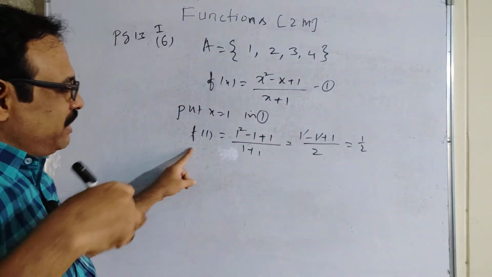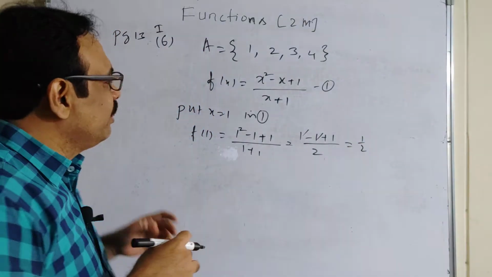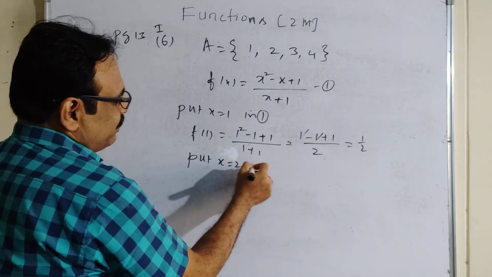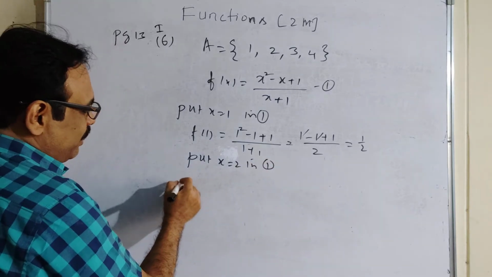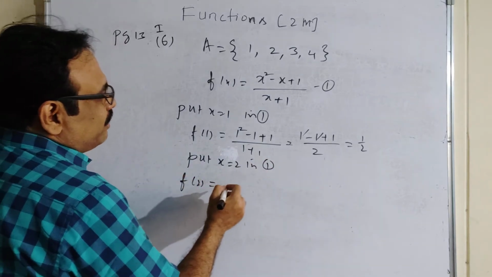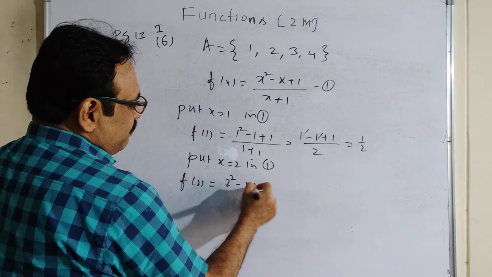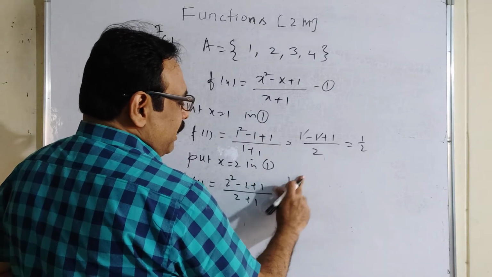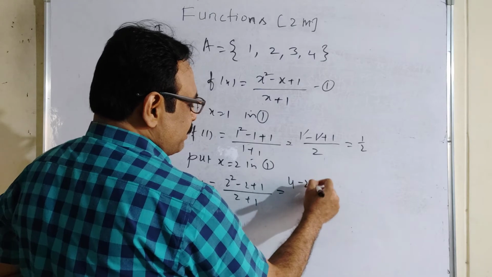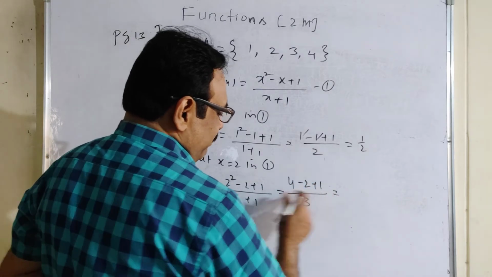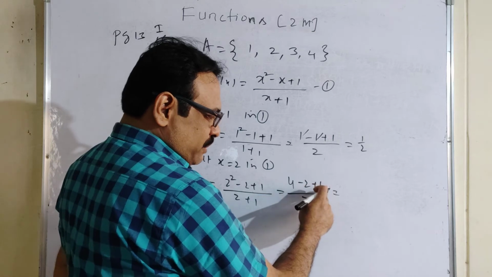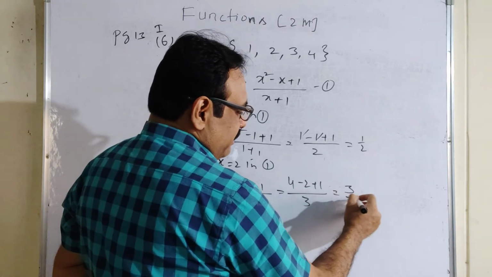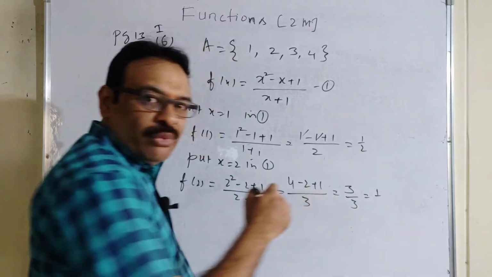That is an element which is there in set B. Now put x = 2 in result 1. f(2) = (2² - 2 + 1)/(2 + 1). That is 4 minus 2 plus 1 over 3. 4 minus 2 is 2, 2 plus 1 is 3. Now 3 by 3 is nothing but 1.